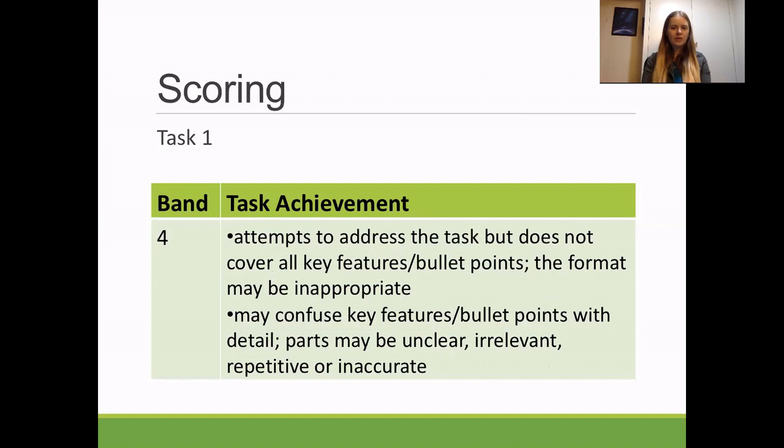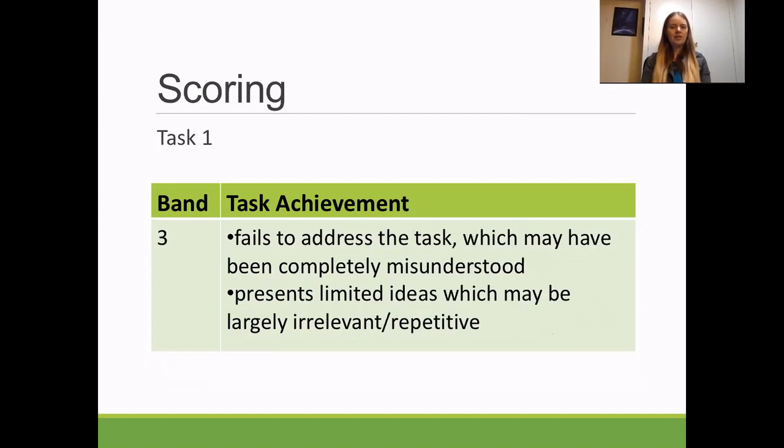A score of 4, your format might be inappropriate. You're trying to address the task, but you're not covering everything, or you may confuse some features. Parts may be unclear, irrelevant, repetitive, or inaccurate. A score of 3, you would be failing to address the task, which may have been completely misunderstood.